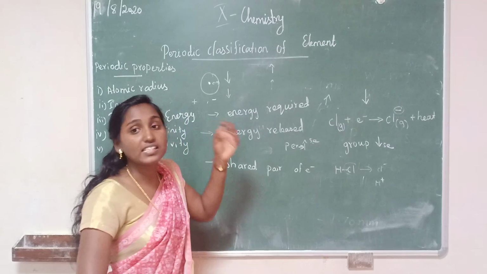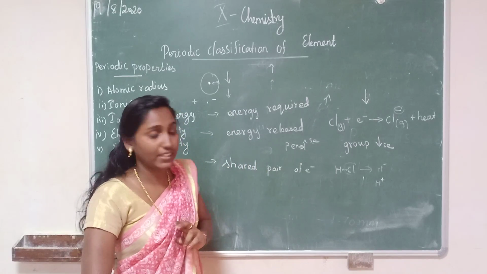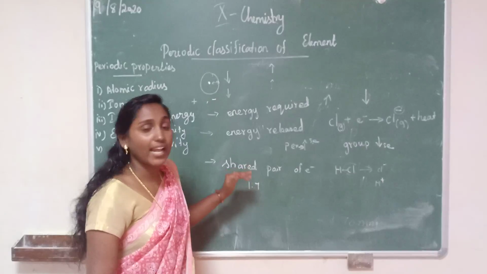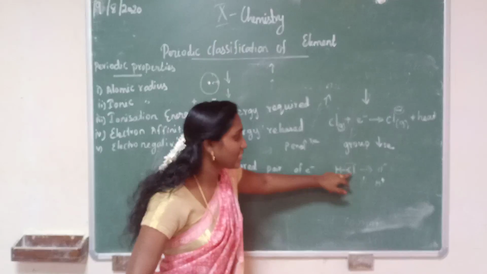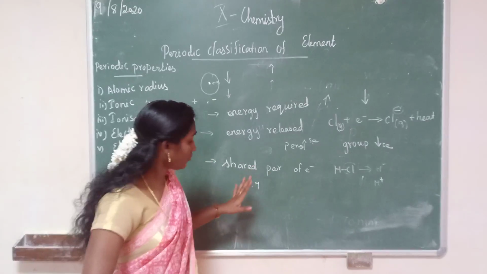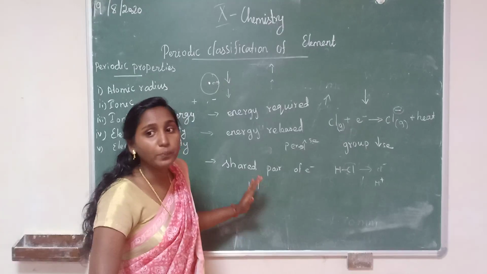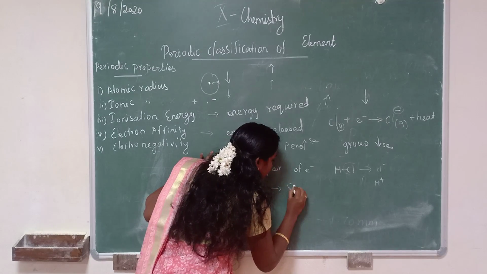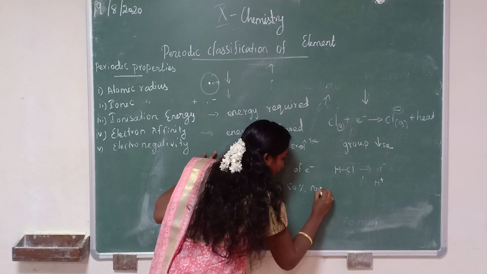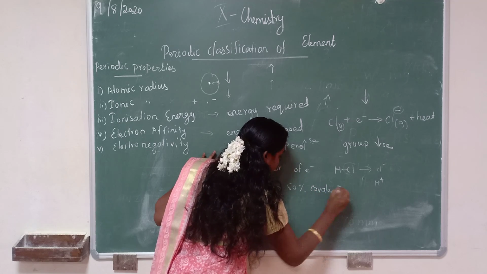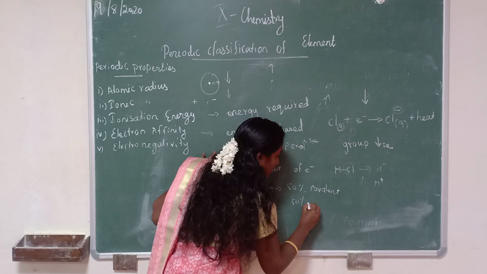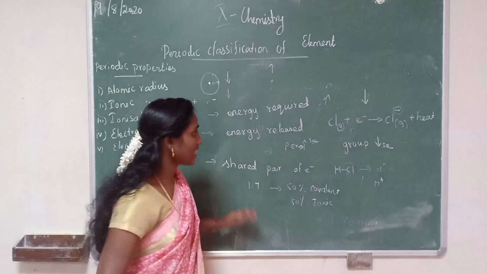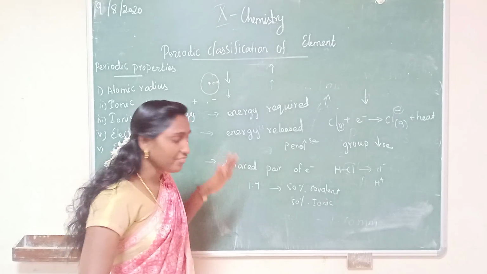If the difference in electronegativity of two atoms is 1.7, it means the bond has 50% covalent character and 50% ionic character.